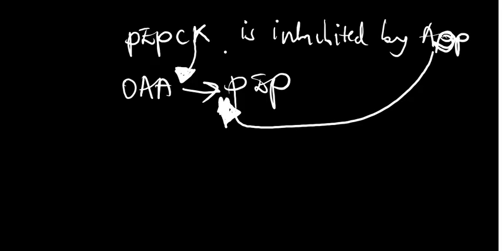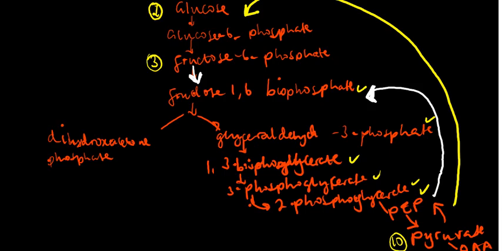This is just a point to take note. Another step that we're going to talk about is dephosphorylation of fructose 1,6 bisphosphate. So I'll take you back to the glycolysis pathway reactions. Once we had fructose 1,6 bisphosphate, we're now here.